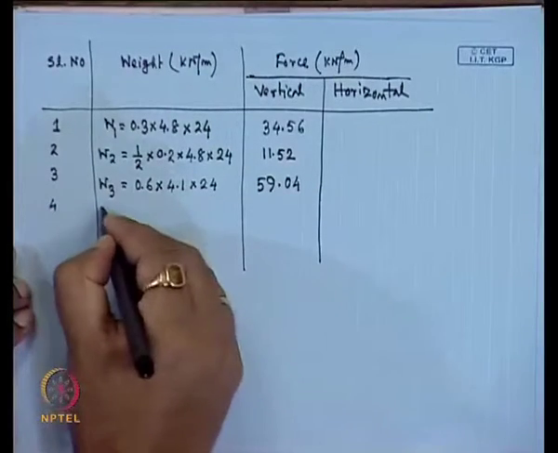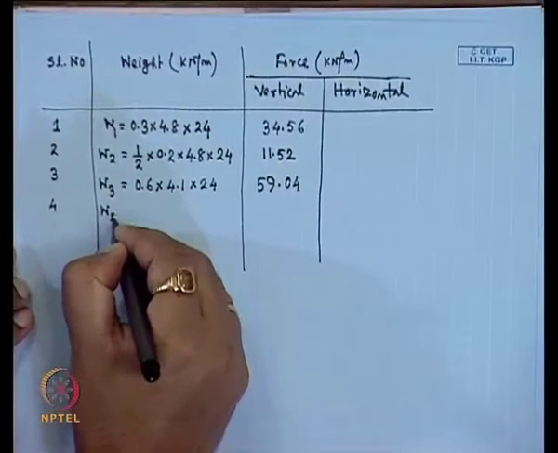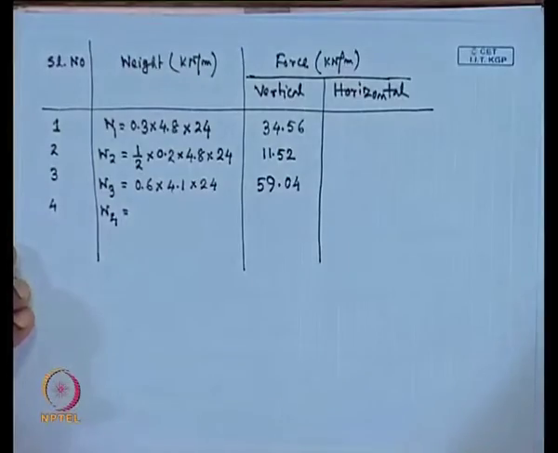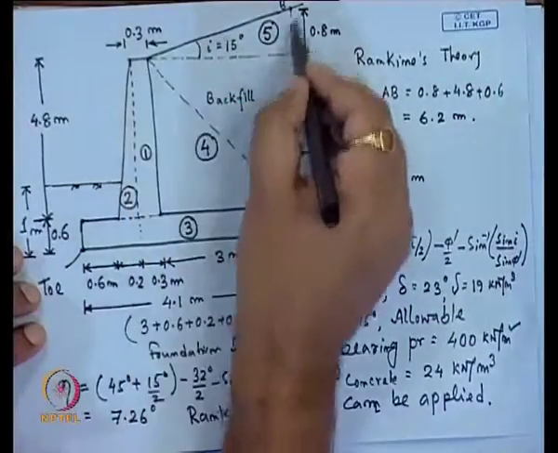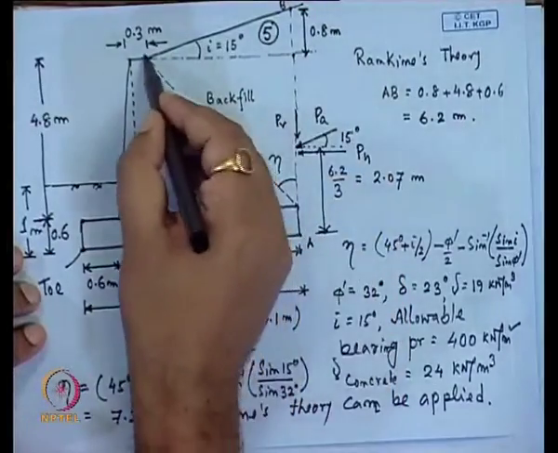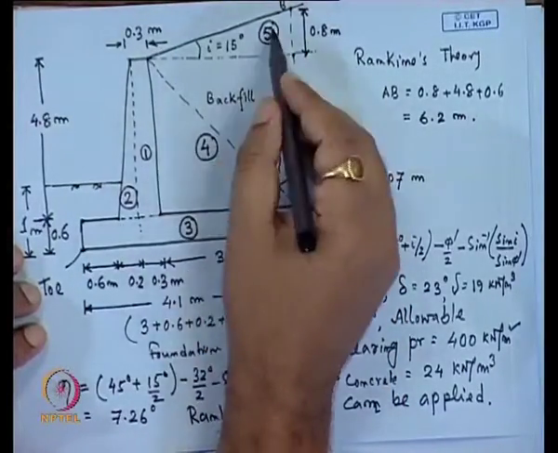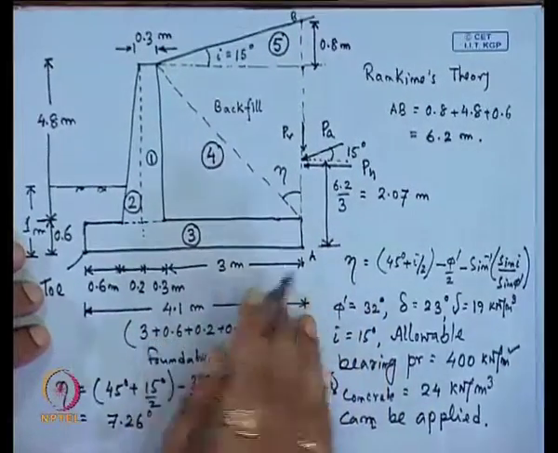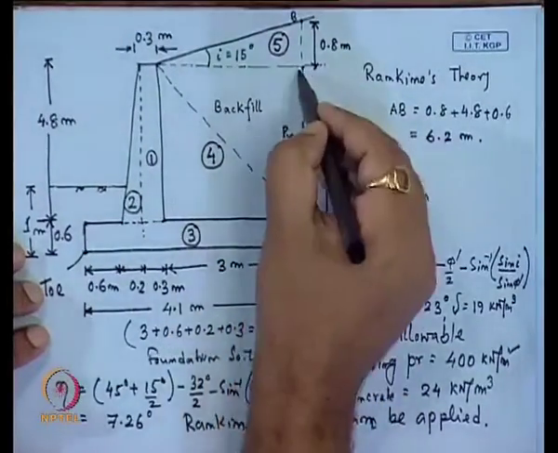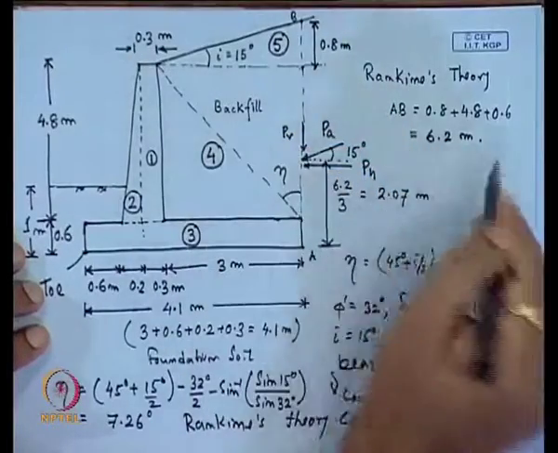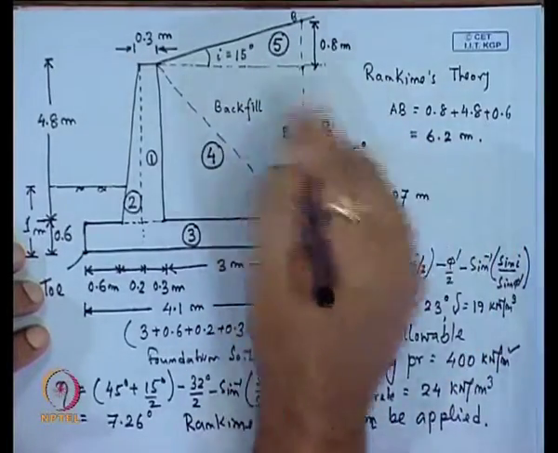Then the fourth and fifth portions are for the soil: the fourth is this rectangular portion and the fifth is this triangular portion. For the fourth portion we can write 3 into 4.8 into 19, as the unit weight of the soil is 19. This soil pressure will act in the vertical direction, giving 273.6.